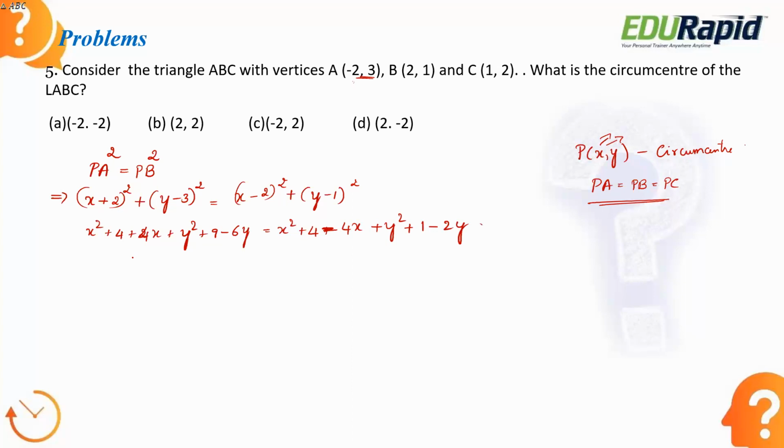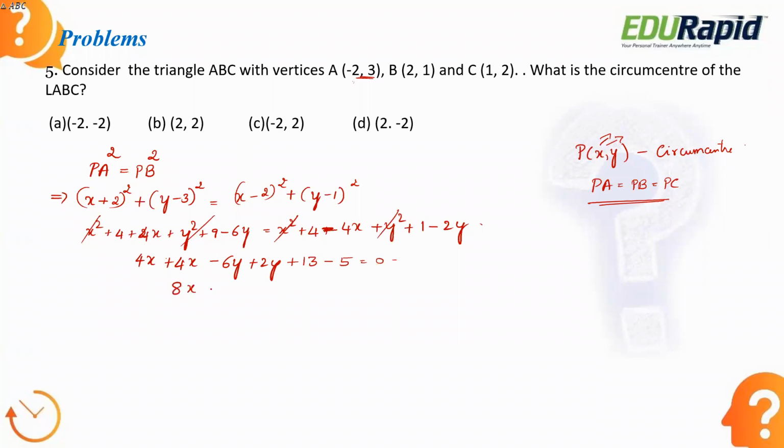Simplify this whole equation and arrive at a conclusion. So x square will get cancelled if you get it to one side, y square gets cancelled. So I have 4x, if I get the x term this side, plus 4x, minus 6y plus 2y, and then 4 plus 9 is 13 minus 5 is equal to 0.